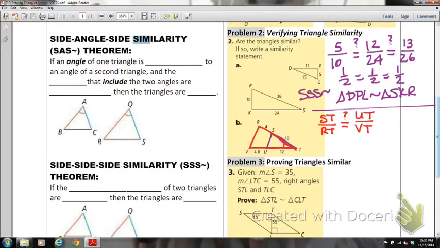So if we substitute the numbers into this, we're going to have ST is 10 and RT is 10 plus 4, which is 14. Is that equal to UT is 12, VT is 12 plus 4.8, which is 16.8.